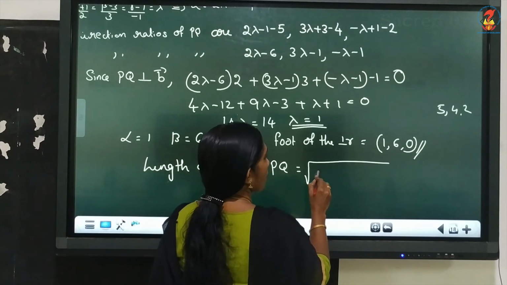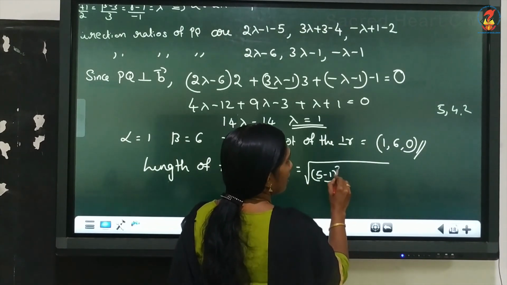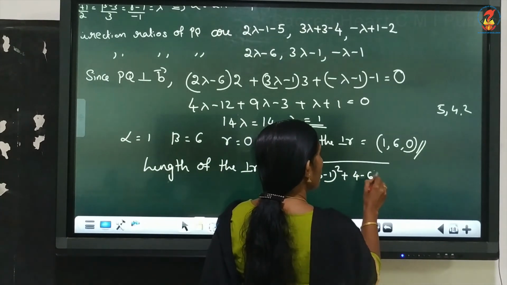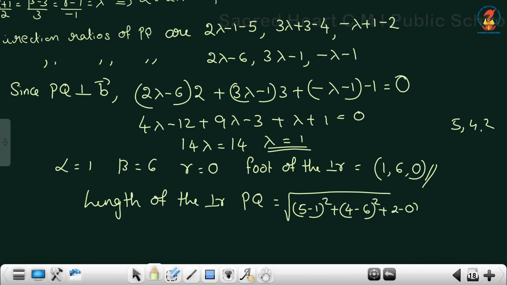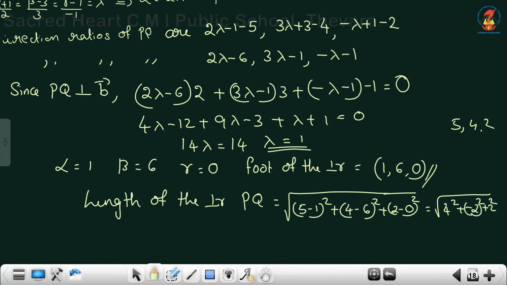So root of (5 minus 1) whole square plus (4 minus 6) whole square plus (2 minus 0) whole square. That is equal to 4 square plus minus 2 square plus 2 square, 16 plus 4 plus 4, 24, root 24. Or you can reduce 4 into 6 to 2 root 6 units.